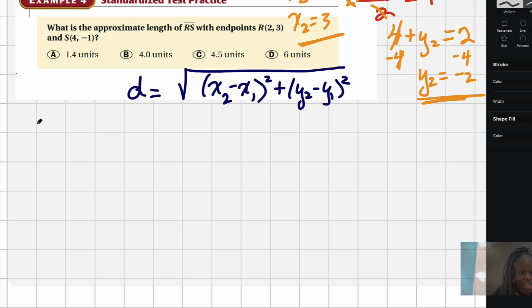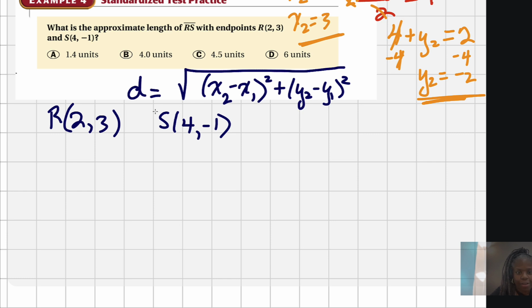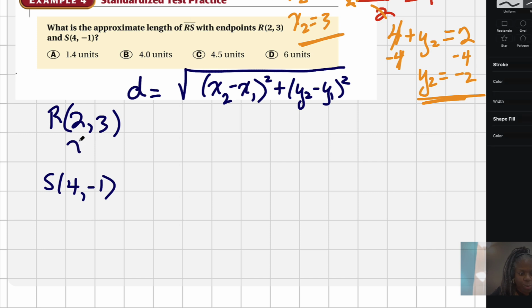So if I have 2 points, 2, 3, that's R, and I have S, which is 4, -1, let's go ahead and assign them values so that it can make a little bit of sense. So I'm going to call R my x sub 1, y sub 1, and I'm going to call S my x sub 2, y sub 2.